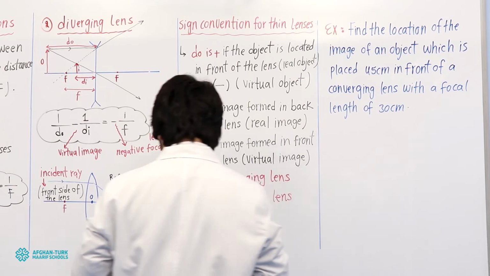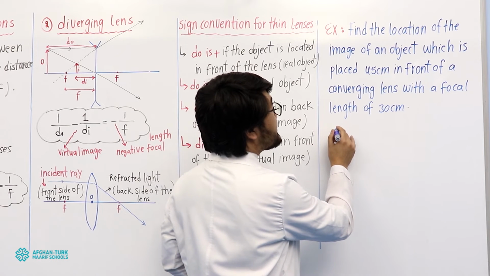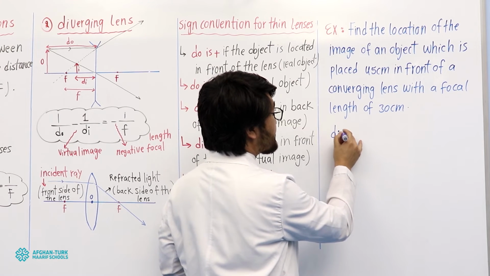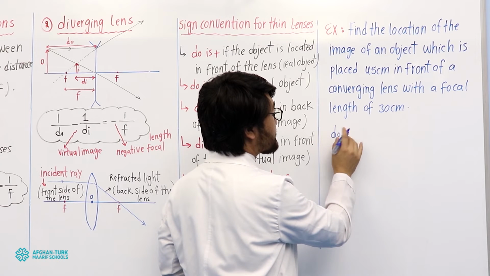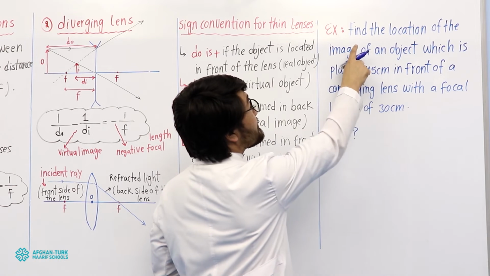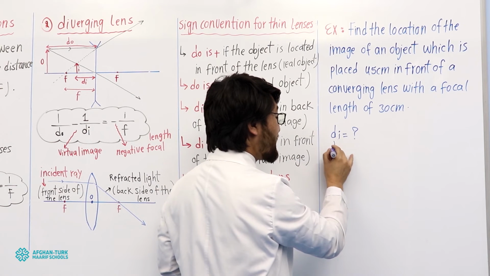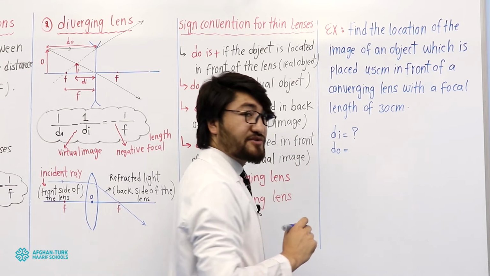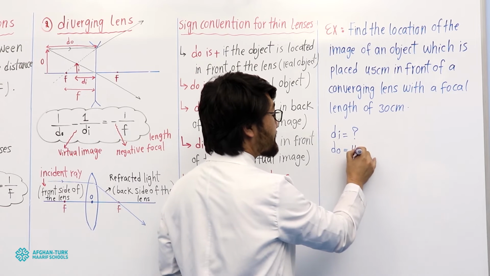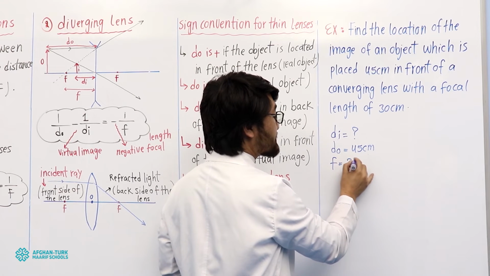I will solve this question. Find DI, the location of the image. DO, the distance of the object, is 45 centimeter. F is 30 centimeter.